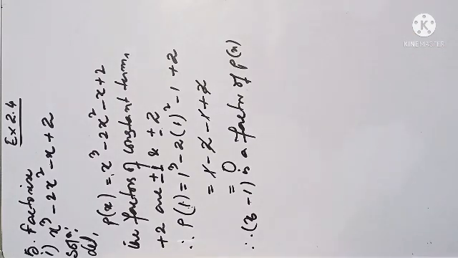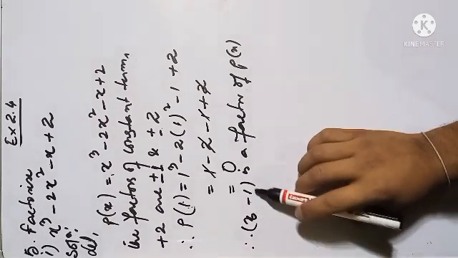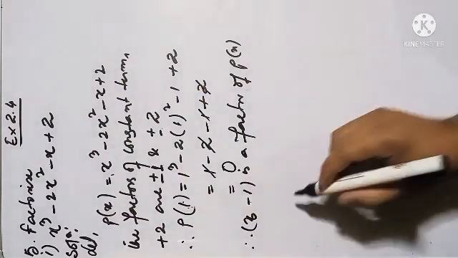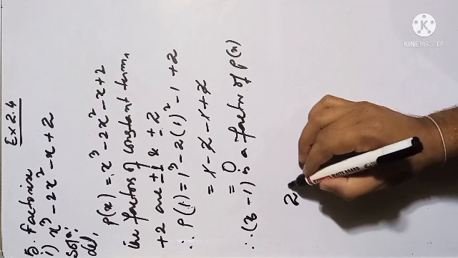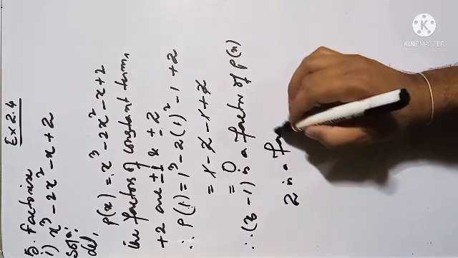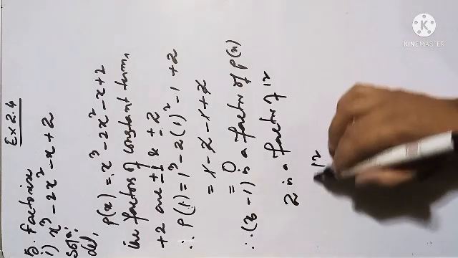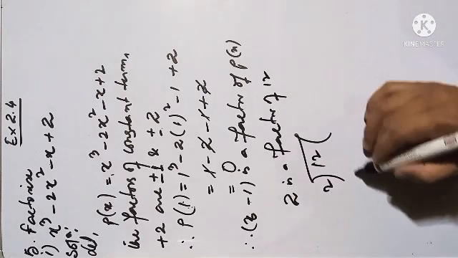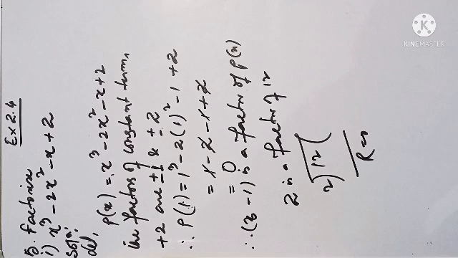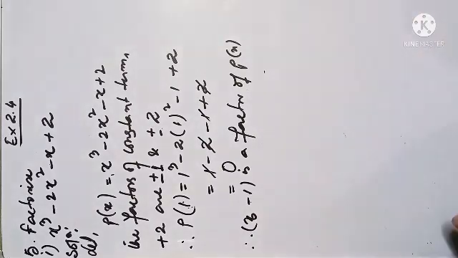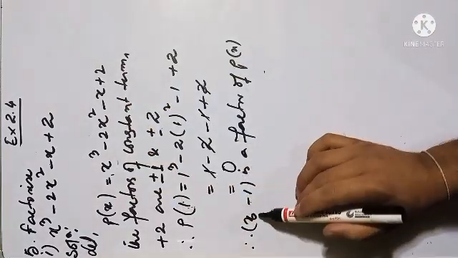After this, what happened? We have confirmed that x minus 1 is a factor of this given polynomial p of x. Okay, so 2 is a factor of 12. That means when 12 is divided by 2, I'm sure your remainder will be 0. And then you will get your quotient. Okay, like that, we're going to divide this p of x by this x minus 1.